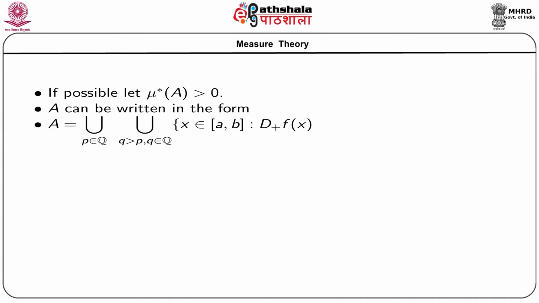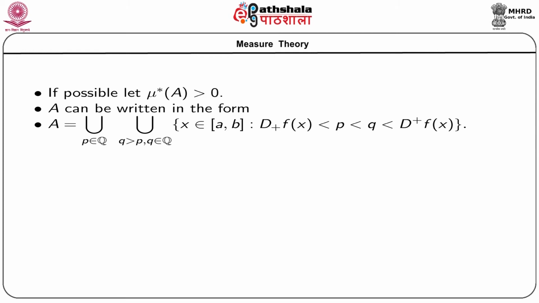Now, see that if we consider two rational numbers p and q, where q is greater than p, the collection of points x belonging to closed interval [a, b], where D lower plus f(x) is less than p, less than q, less than D upper plus f(x).